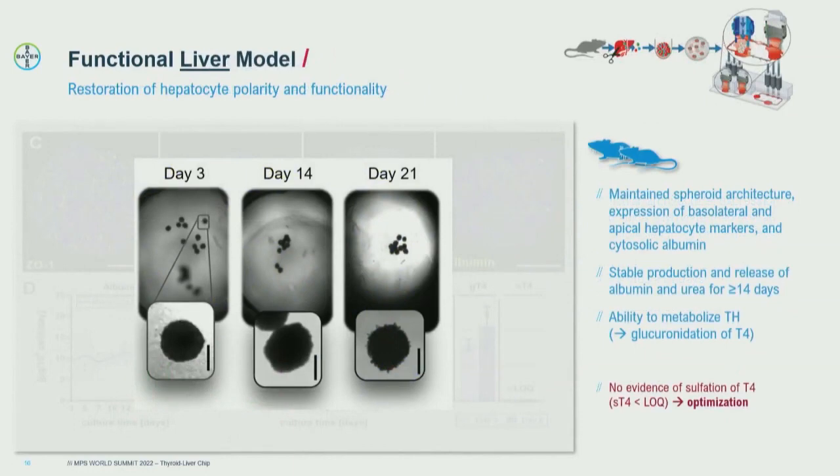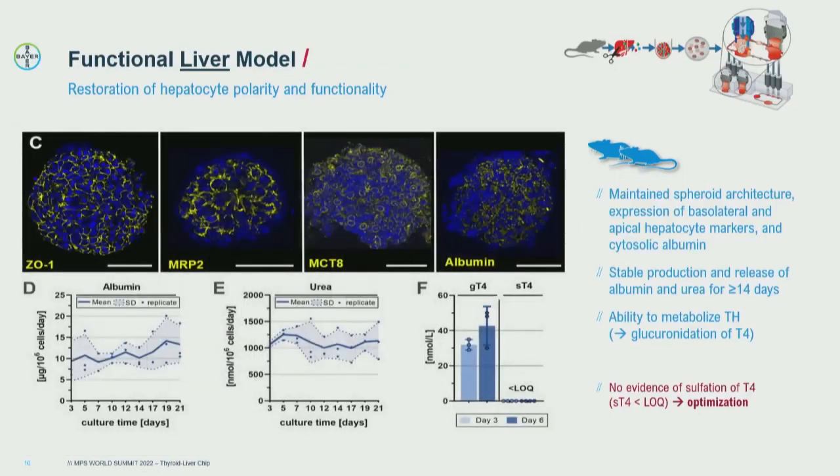We did the same with the liver model, the rat liver model. We freshly isolated hepatocytes and non-parenchymal cells from fresh liver. We allowed them to form spheroids in ultra-low attachment plates, and then took the spheroids, embedded them in collagen, and placed them into the chip. And again, over at least 14 days, we had this nice morphology and the right polarity, as you can see, and the release of albumin and urea, two of the liver-specific markers.